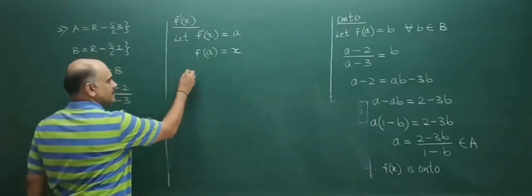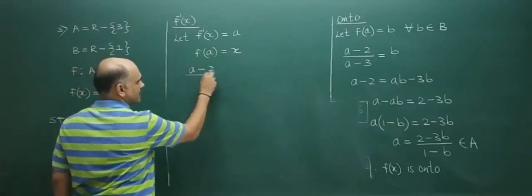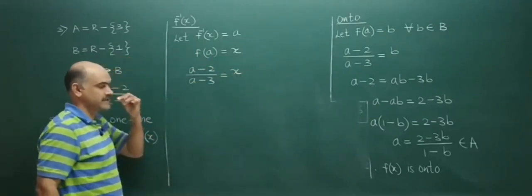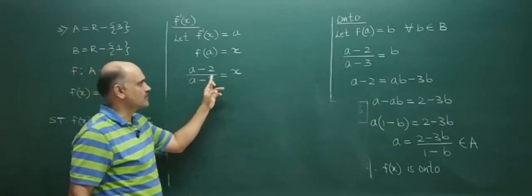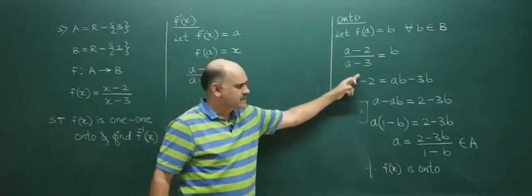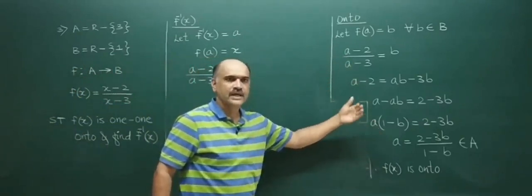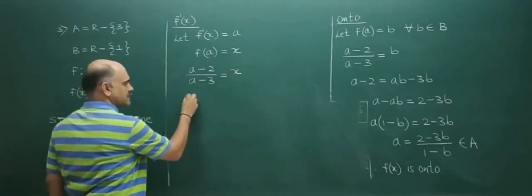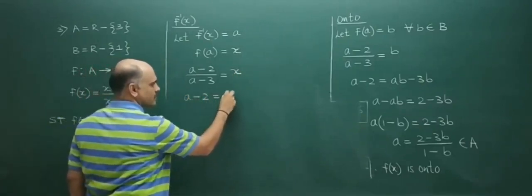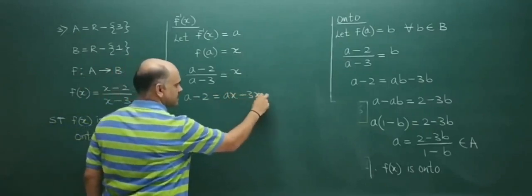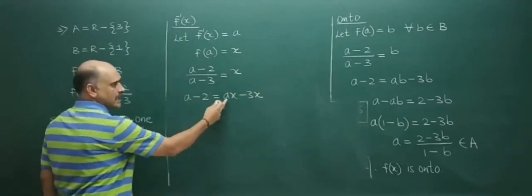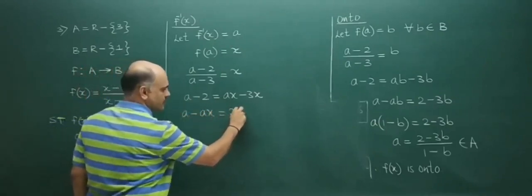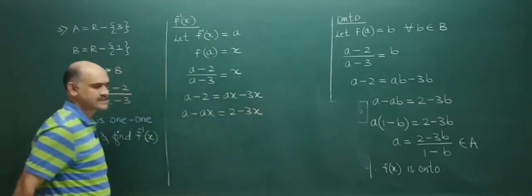F of a will be a minus 2 by a minus 3 is equal to x. Same as this one, the same steps will come. In place of b, you will have x. So if I cross multiply, a minus 2 is equal to ax minus 3x. A I will take to the LHS. A minus ax is equal to 2 minus 3x.